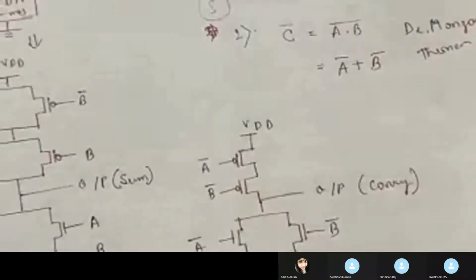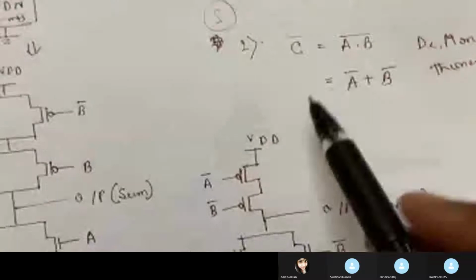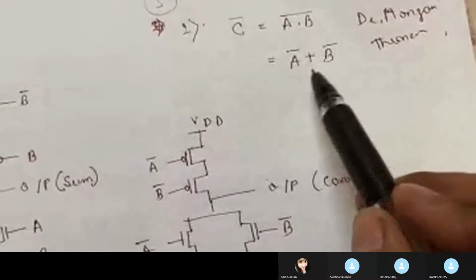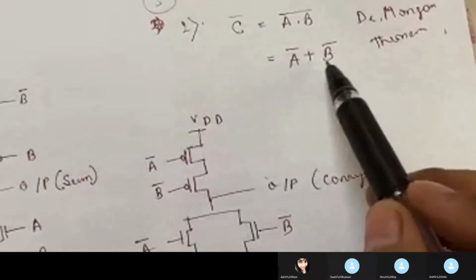मैं इसको डिफाइन करूंगी एक लॉजिक समझा के, उससे पहले कैरी को आप थोड़ा अगर देख लेते हो, कैरी पे आ जाओ। कैरी पे देखो, कैरी पे क्या हो रहा है, कैरी के लिए कैरी का लॉजिक क्या था, C इक्वल टू A एंड B. So this is an AND connection, A and B are in AND connection. Now if we apply De Morgan's theorem on this, after complementing it will become A bar plus B bar.